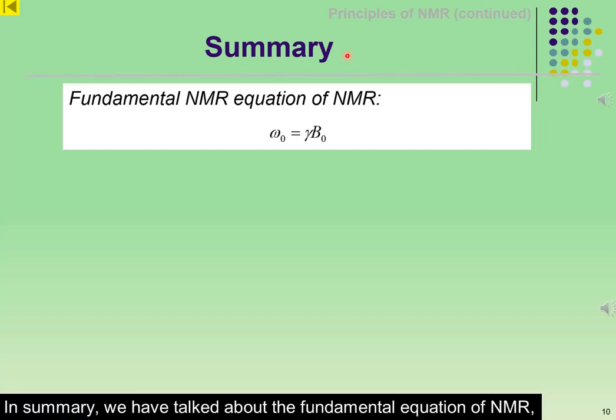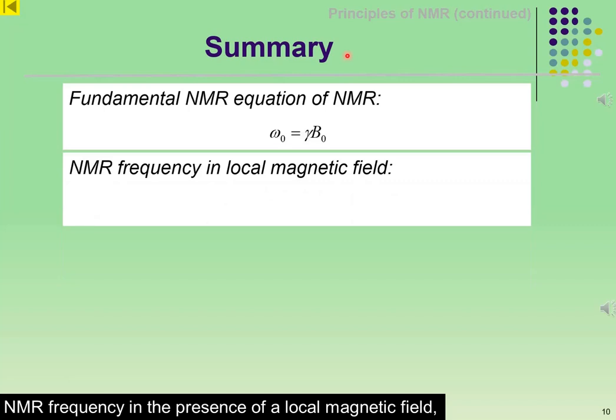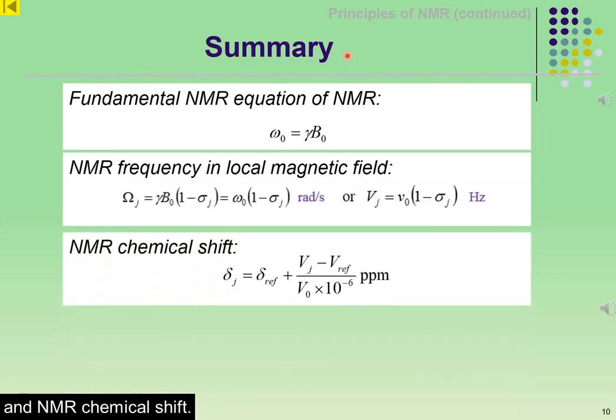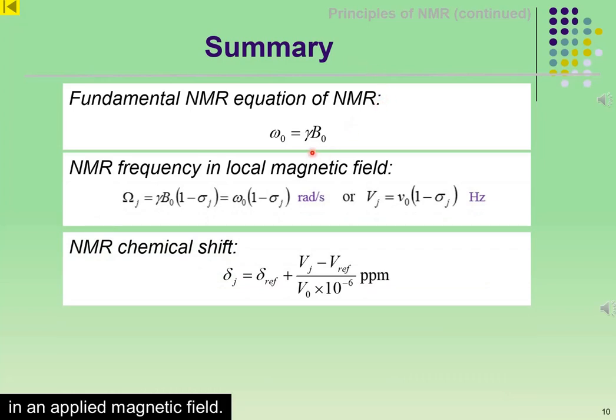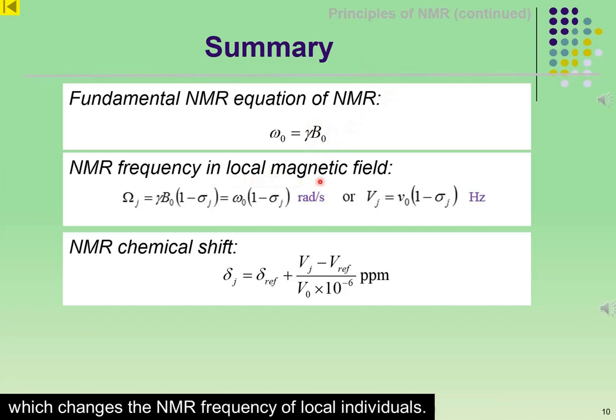In summary, we have talked about the fundamental equation of NMR frequency in the presence of a local magnetic field, and NMR chemical shift. The first one implies that nuclei with observable spin will precess in an applied magnetic field. The second one tells the effect of a local magnetic field, which changes the NMR frequency of local individuals.